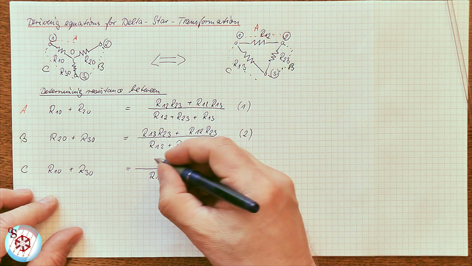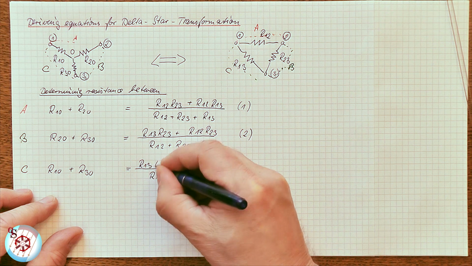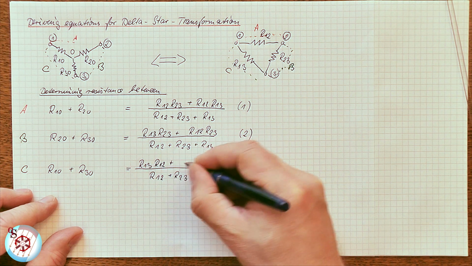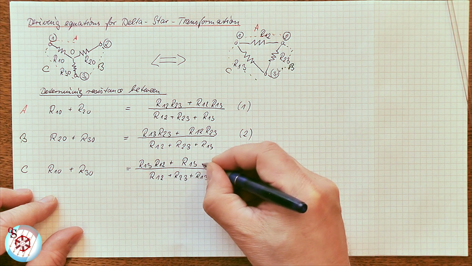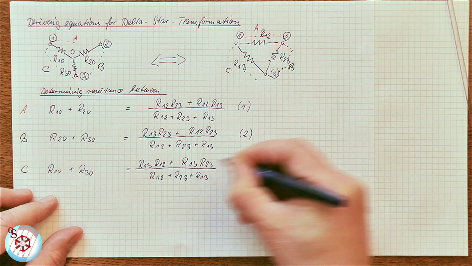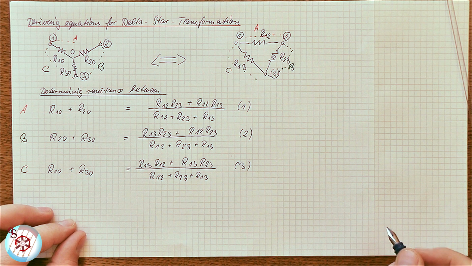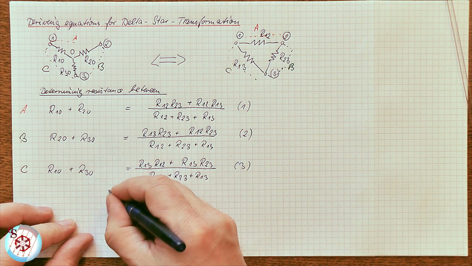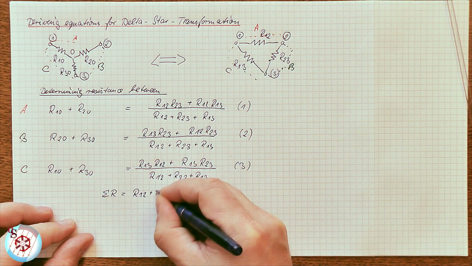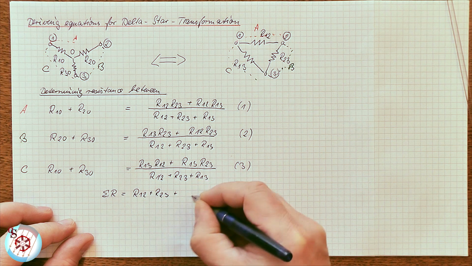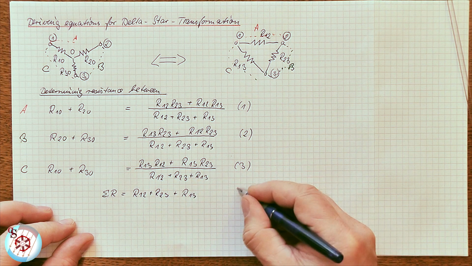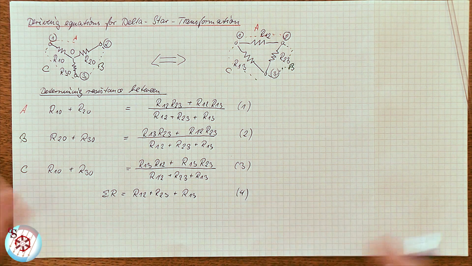And the numerator is R13 R12 plus R13 R23. Then we will define the denominator as the sum of R12 plus R23 plus R13. Well, in that way it's easier to calculate.